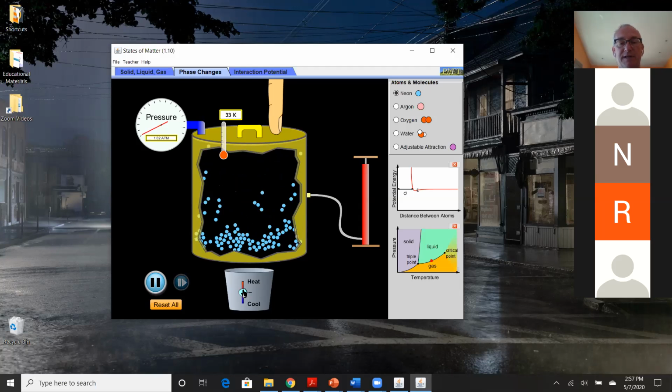And you can see them bouncing around. Once you have molecules hitting the side of the container, that's what causes pressure, right? We learned that when we did the gas laws. The molecules hitting each other, like they were in the liquid, does not cause pressure. When they hit the sides of the container, that's when it causes pressure. And so now they're able to do that, and so the pressure has gone up.